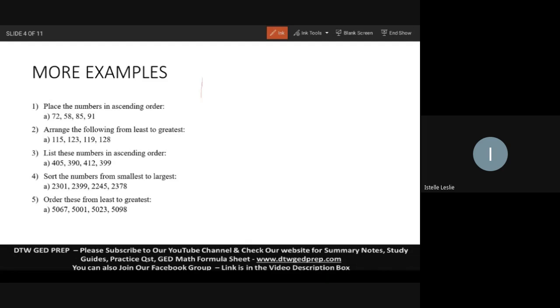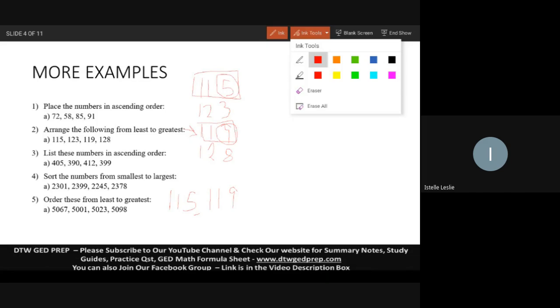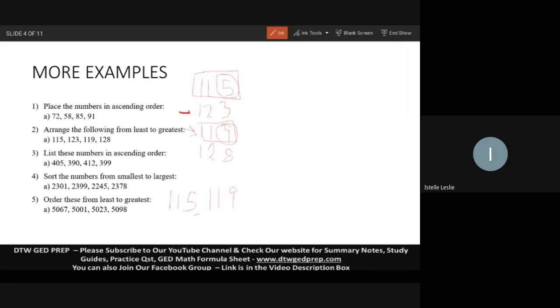So we have 115, 123, 119, 128. Like we said, when we look at the 1s, the smallest is 115. And then the next will have to be this 119. So this is out and this is also out. We are left with these two.